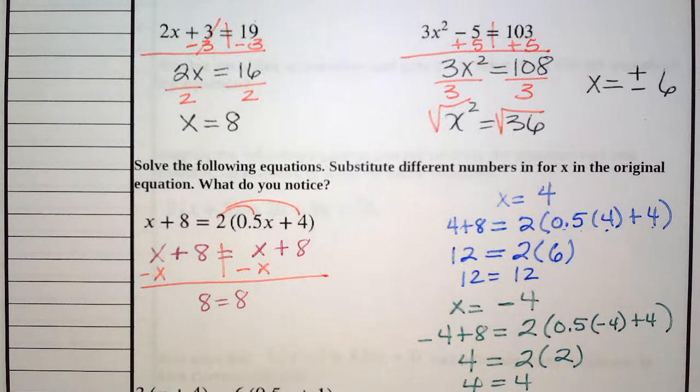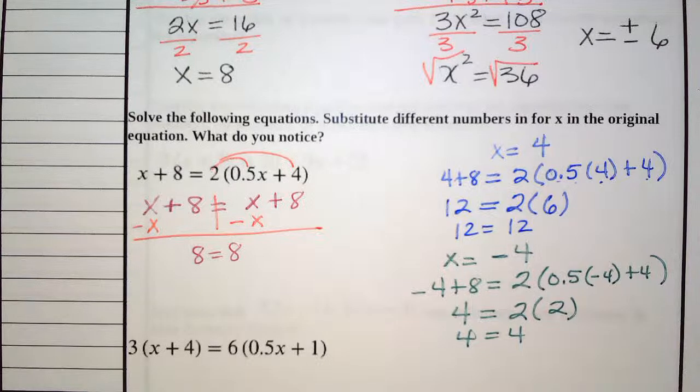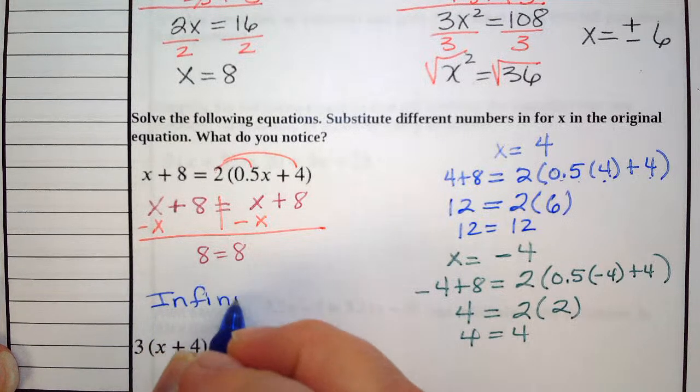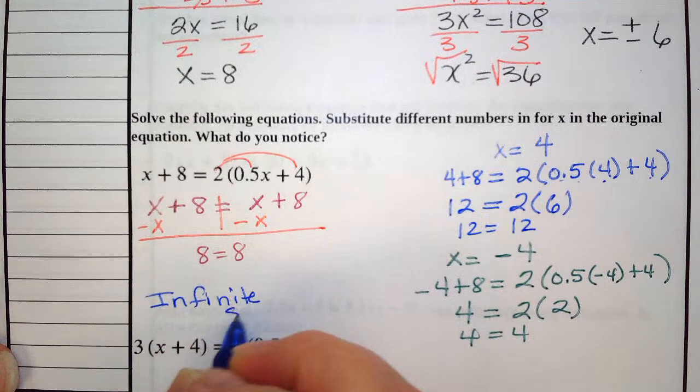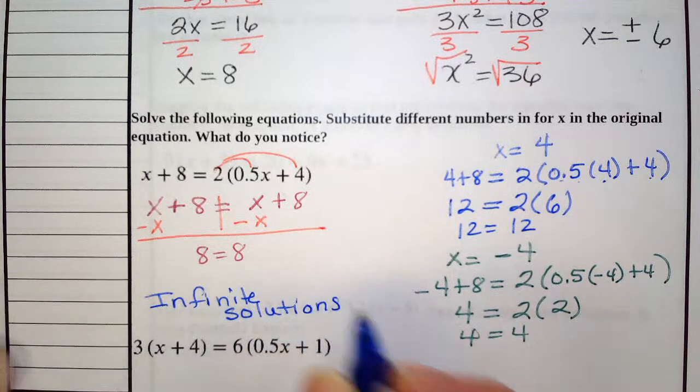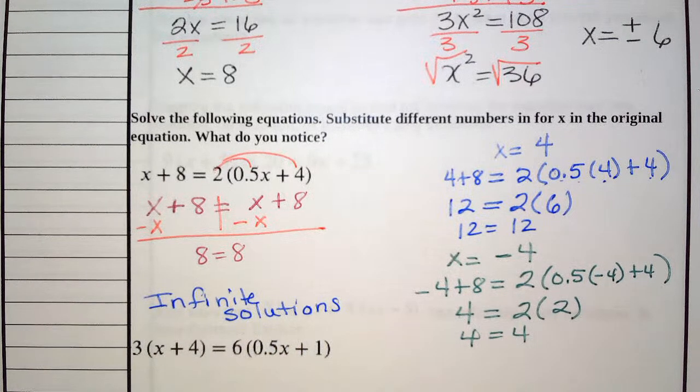So, do you think it will matter what number we put in? No. So in this case, we will have an infinite number of solutions because what number we put in will not matter. If you want to keep working on it, put in different numbers.